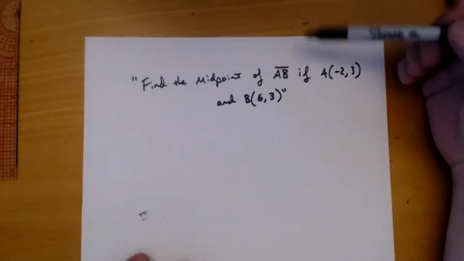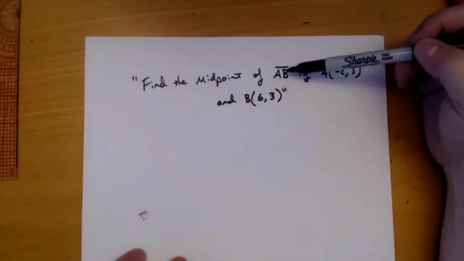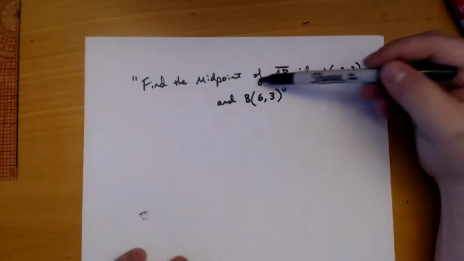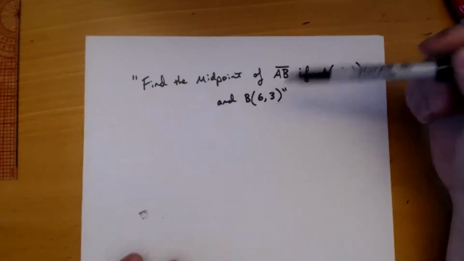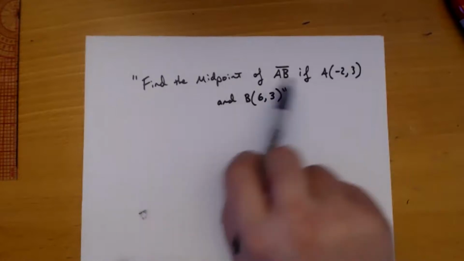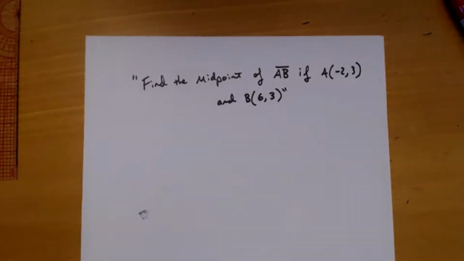Okay, so what they're talking about is we've got this segment AB, and they're telling you where A is and where B is. So this is the same math. There's nothing new except maybe the way they wrote it. I just want to show you what the different instructions might look like.